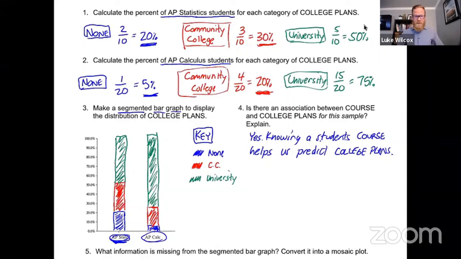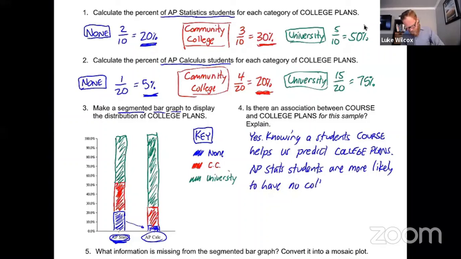Specifically, if I knew they were AP Statistics, I can see, well, when I compare the blue to the blue, blue is much larger for AP Statistics students. So I'm going to say AP Stats students are more likely to have no college plans. And the other big difference here is that when you compare the green to the green, the AP Stats students are much less in the green category.